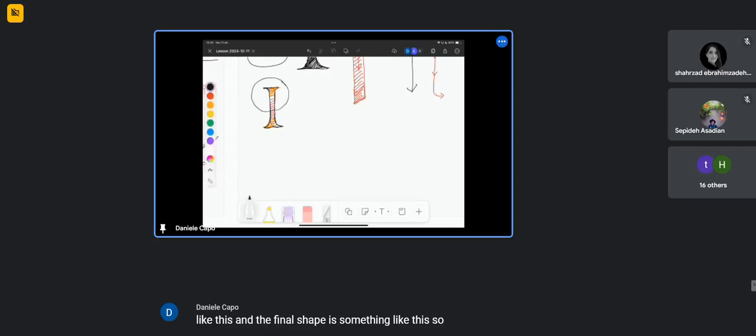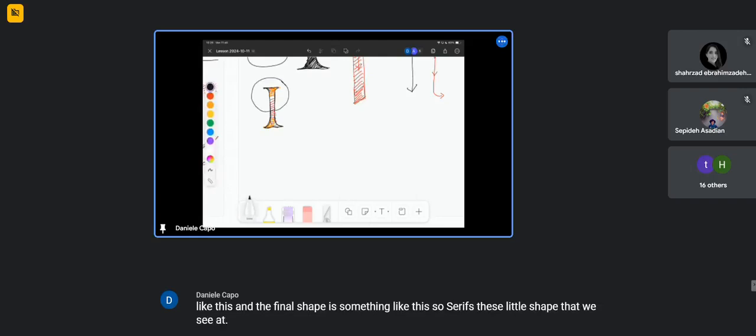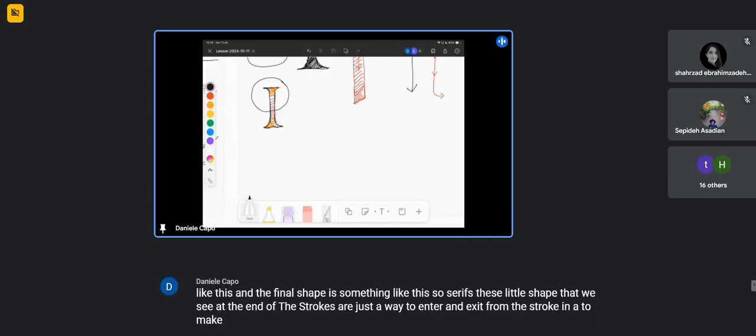So serifs, these little shapes that we see at the end of the strokes, are just a way to enter and exit from the stroke to make letters more refined, let's say.